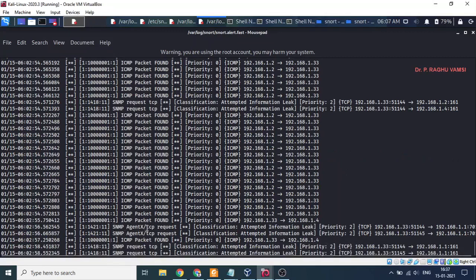Here SNMP agent TCP request, SNMP request TCP. So these are the Simple Network Management Protocol related items found between the Kali Linux and the Windows XP operating system.